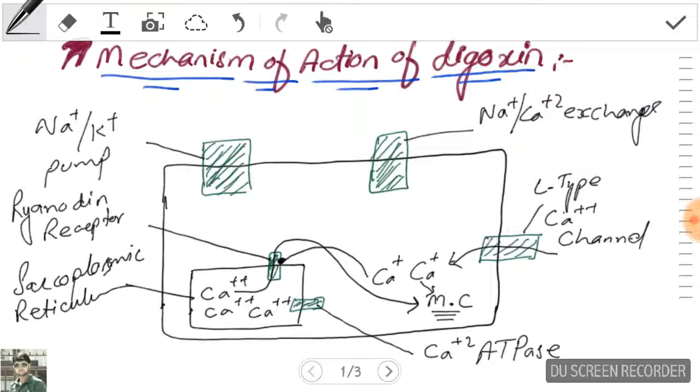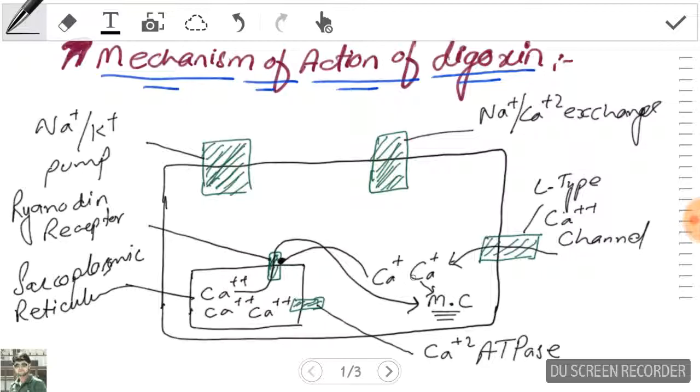So here we can see that calcium is very responsible for muscular contraction, coming through L-type channels from outside and from the sarcoplasmic reticulum with the help of the ryanodine receptor.